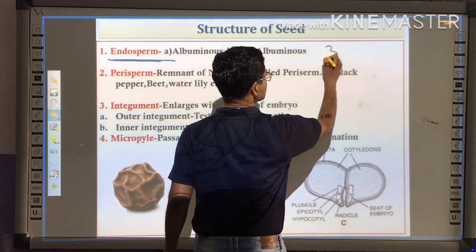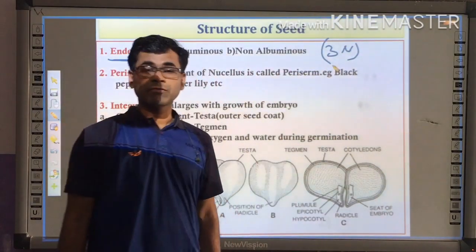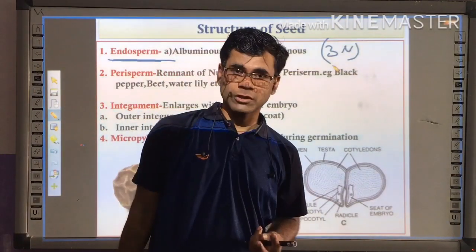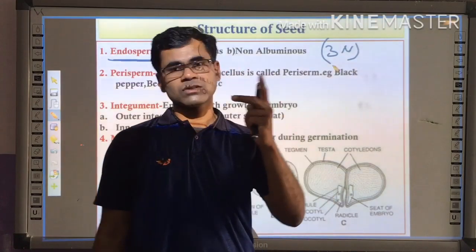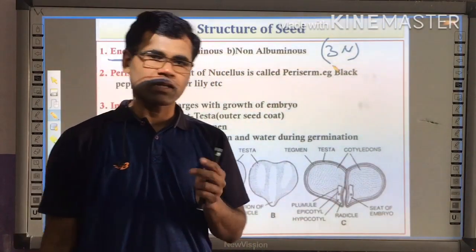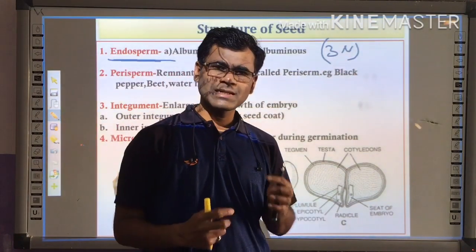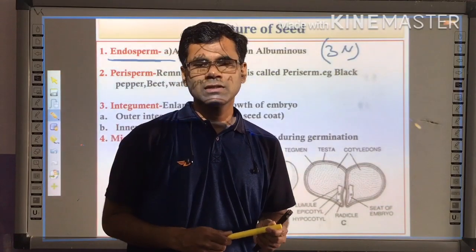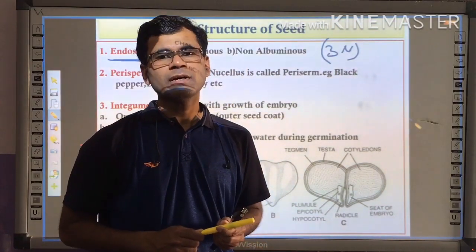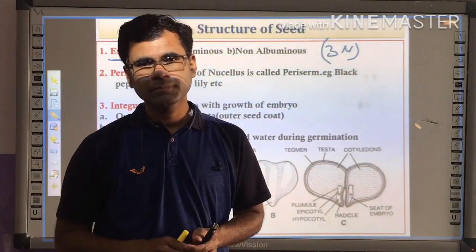It is a triploid structure which is formed as a result of fusion of one male gamete with the polar cell or central cell or polar nuclei. This endosperm is a rich source of nutrition, and it provides nutrients to the embryo during its early development stages.